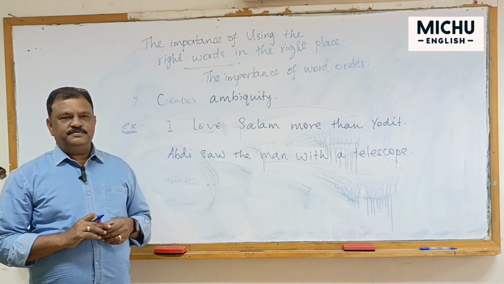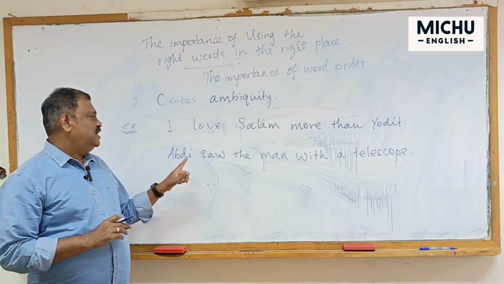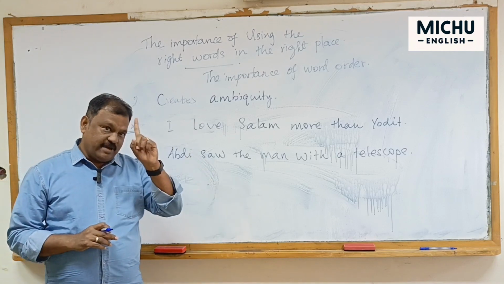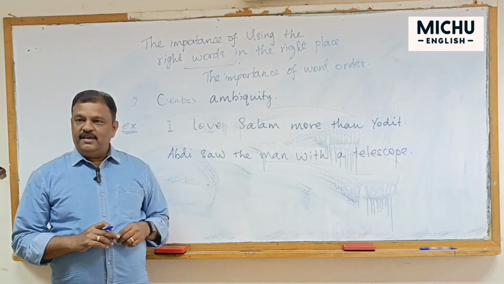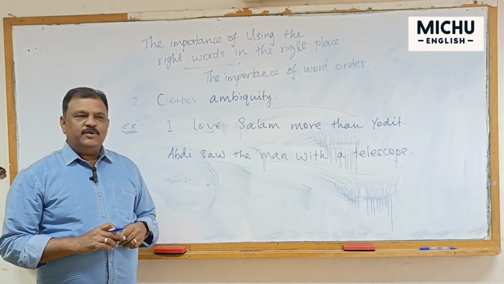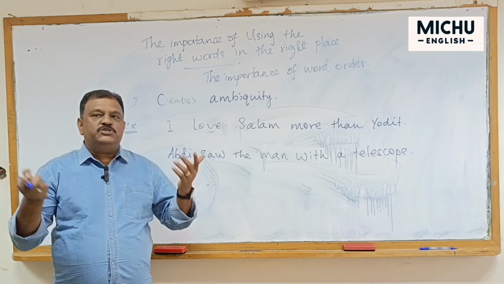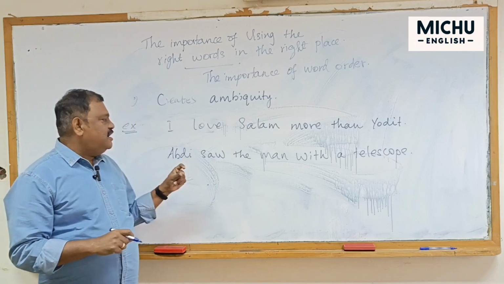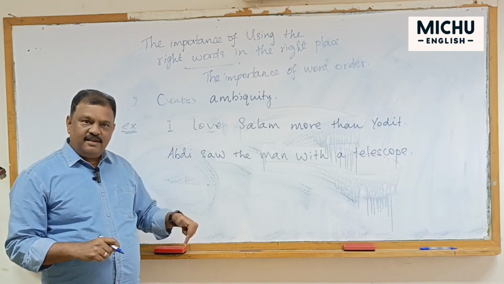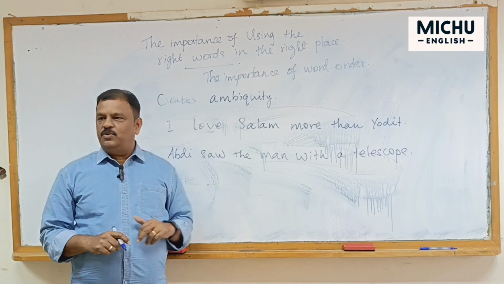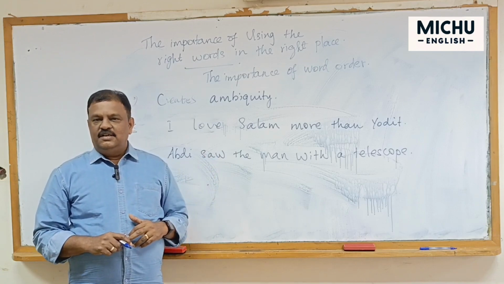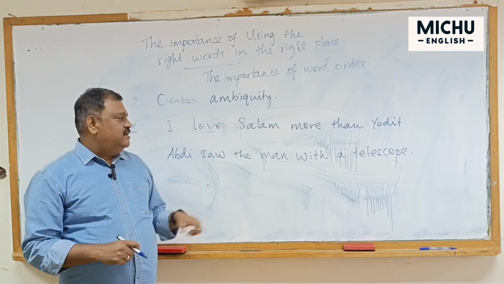Look at this sentence. Abdi saw one man. Okay. Let me try to read these sentences, try to understand the meaning. Abdi saw the man with a telescope. Now the second way of reading.